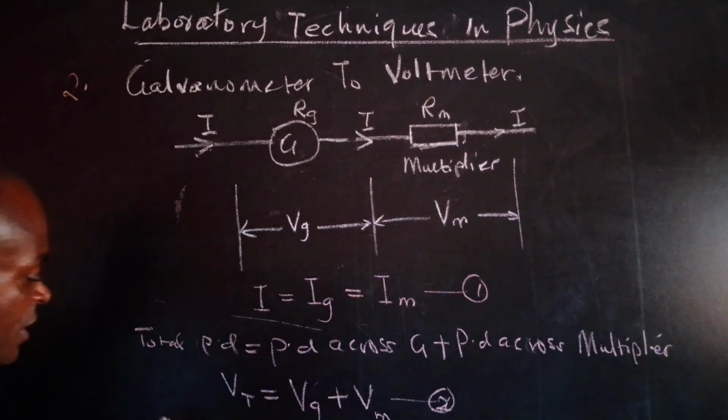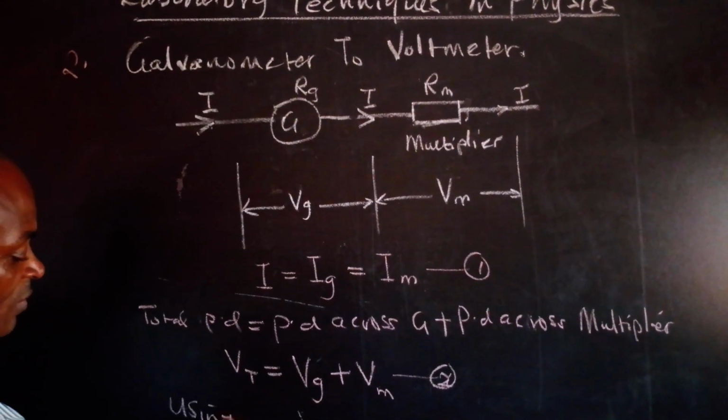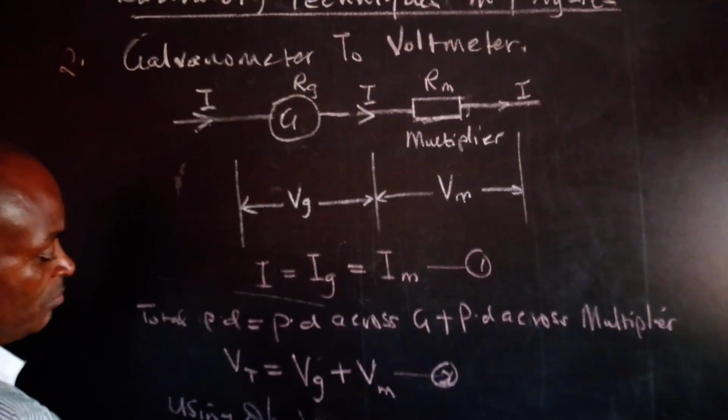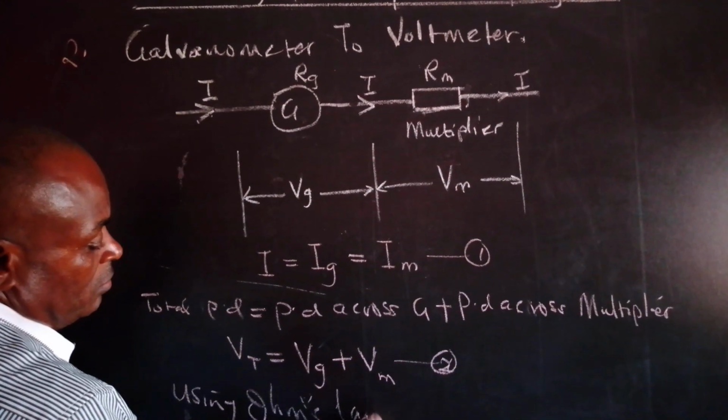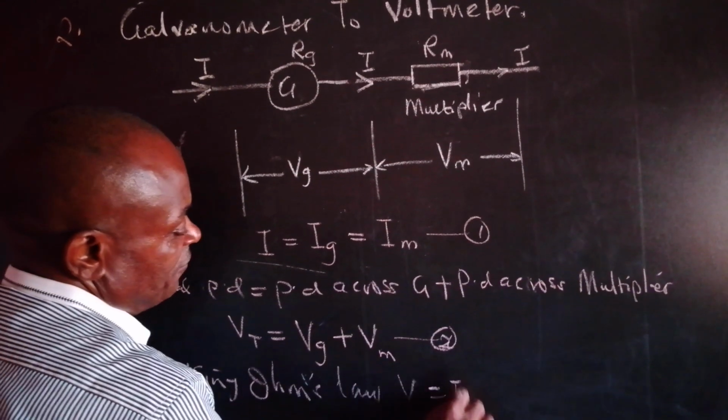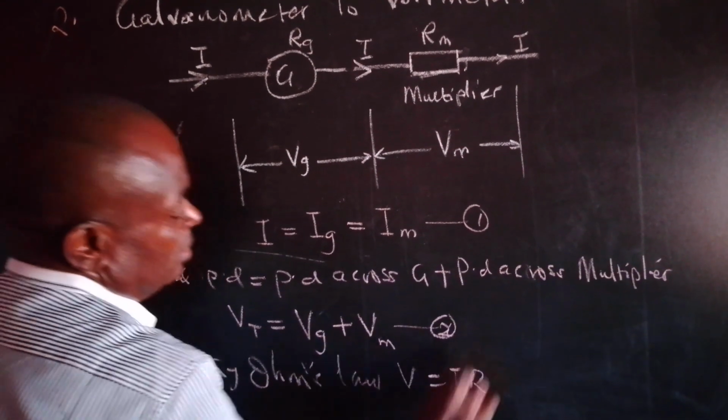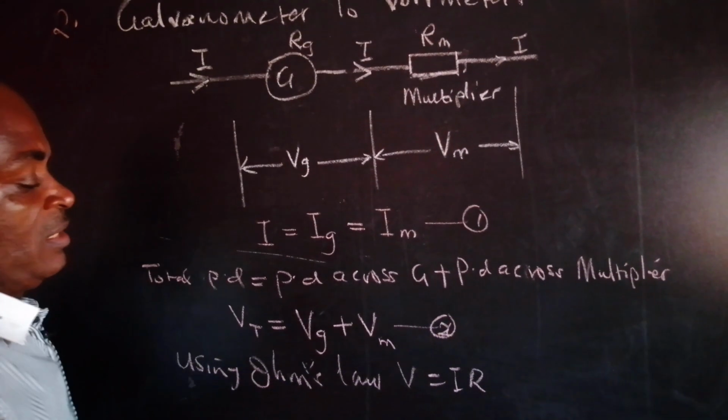So again, using Ohm's law, we know that potential difference is equal to current times resistance.